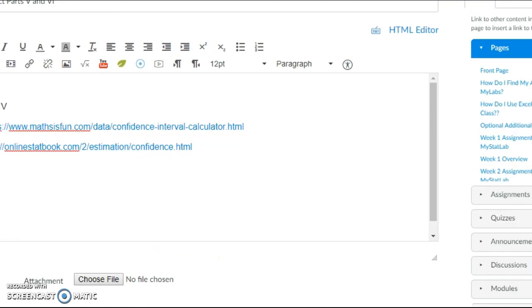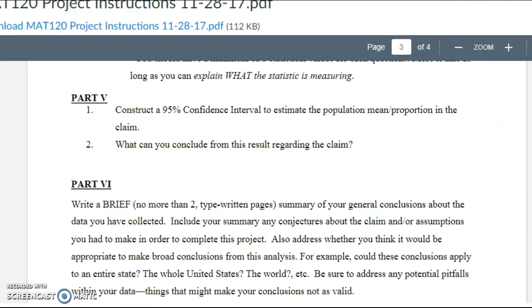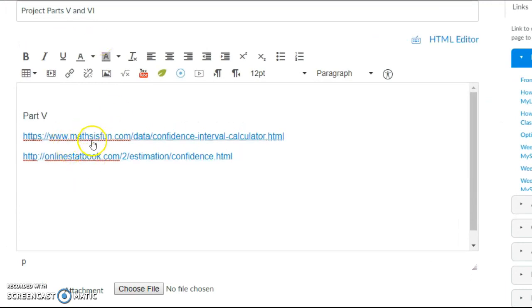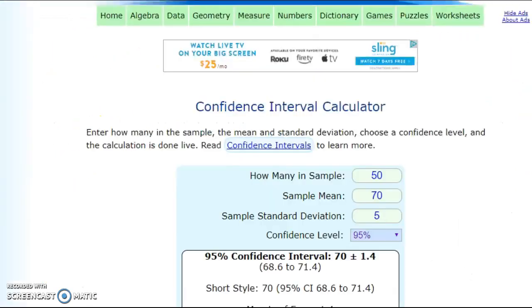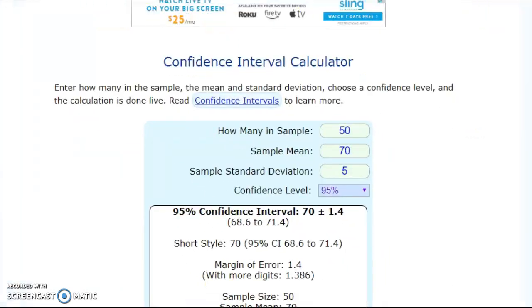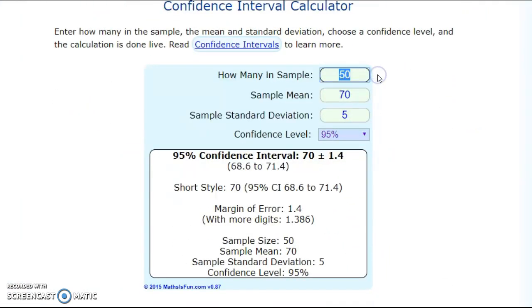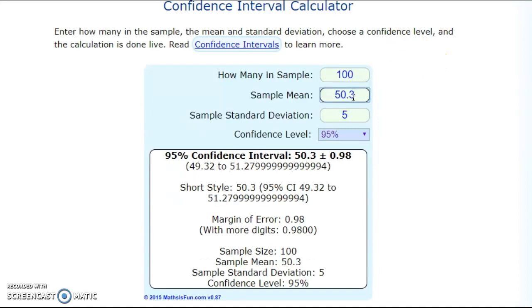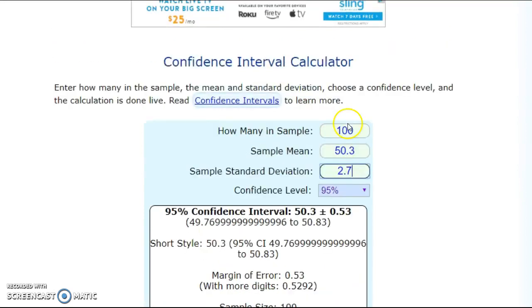What I want to show you for part 5 is, I'm going to include in the announcements a link to this Math is Fun site. If I go to that site, and I have 100 in the sample, let's say my sample mean is 50.3 and my sample standard deviation is 2.7.